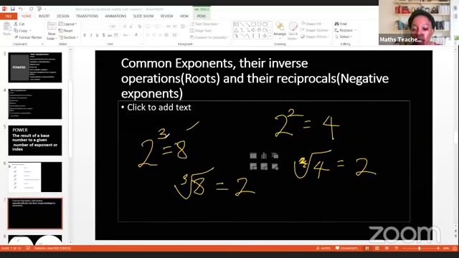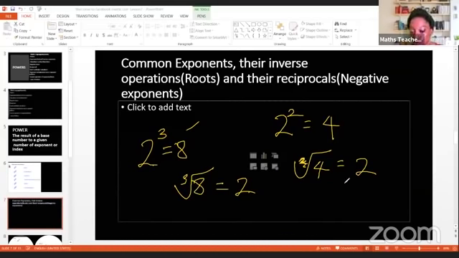Now, talking about common exponents like the cube number and the square number is very important, because then you can see how the inverse operations for this base number and exponent works. So you can clearly see we had the 2 there, and you can clearly see we also had the 2 there.